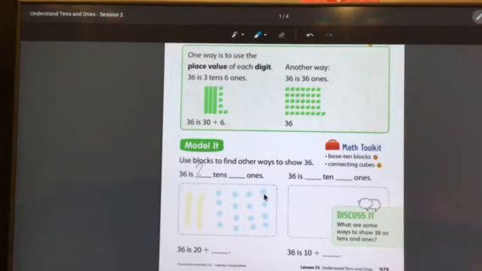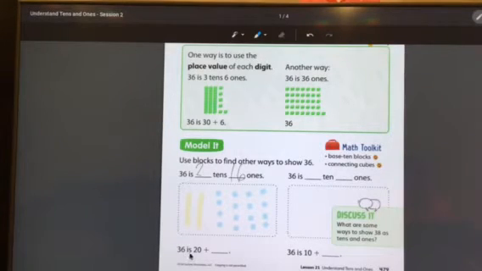So 36 is 2 tens, 16 ones. If I go back and count all of this, I'm going to get to 36. 10, 20, 21, 22, 23, 24, 25, 26, 27, 28, 29, 30, 31, 32, 33, 34, 35, 36.